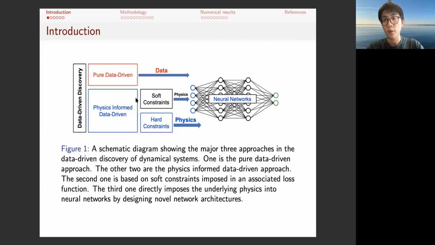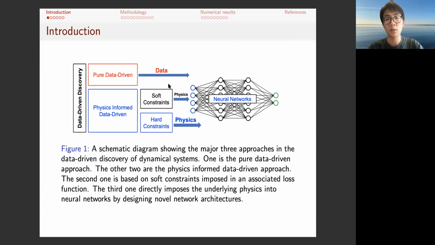Basically, we assume that we not only know the time series data, but we also know some specific physics information that is driving this time series. And in order to take this physics into account, normally there are two approaches.